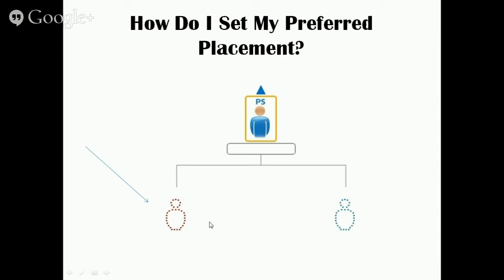Now, to click your preferred placement, all you literally have to do is put your mouse on the little man and click it, and he turns red. And that is where your first coach will go. And let me just tell you, many people miss this step. Set your preferred placement before, I'm going to say that again, before your coach signs up.